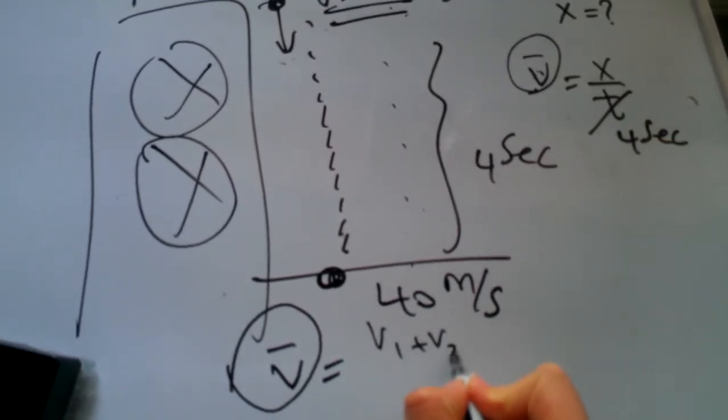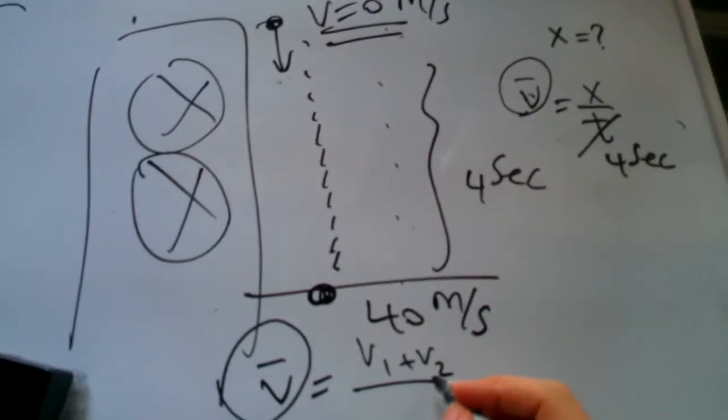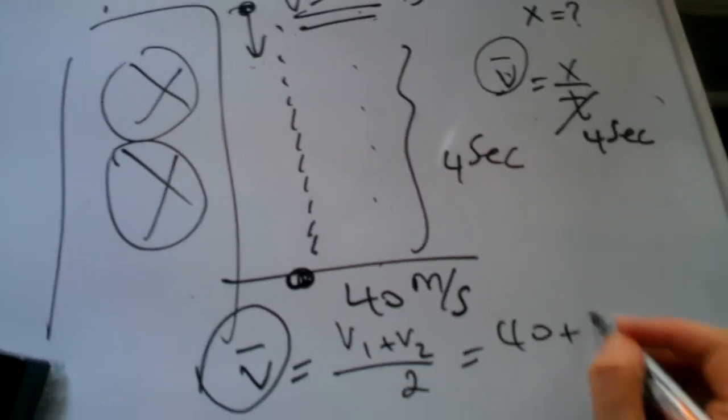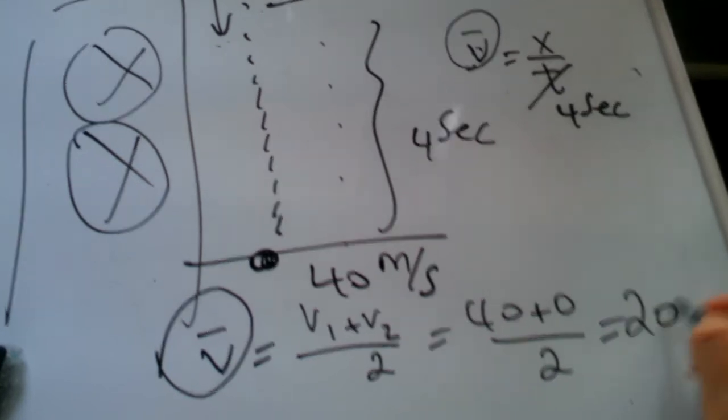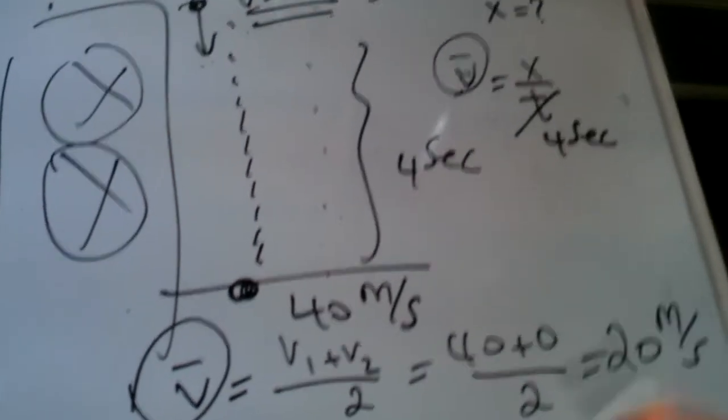So average velocity means first and last over 2. 40 plus 0 over 2 gives you 20 meters per second.